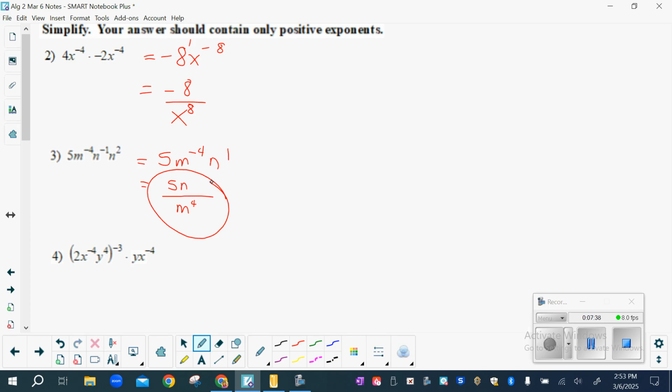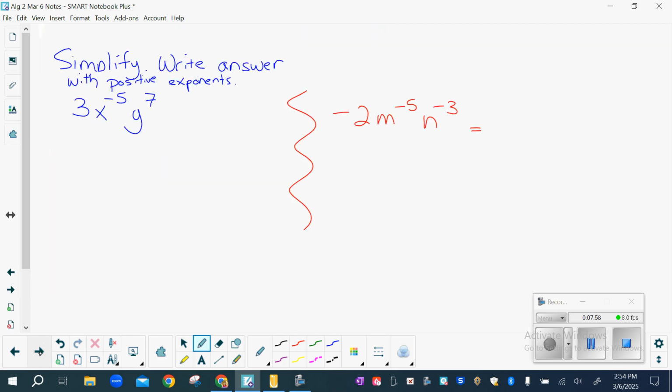We always move it down to the bottom if it's negative. So we talked about it before. We just showed that whenever there's a negative exponent, it's 1 over. So that's what the negative exponent means. It doesn't mean it's a negative number. It means that it's 1 over that. Okay, so what I want you to do is on your whiteboard, simplify this one, the one on the left.